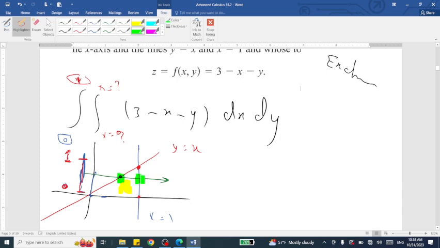Okay, dears? So x is equal to what in the upper one? Upper. There, x is equal to 1. Upper or lower? Upper. Okay, you are right. X is equal to 1.